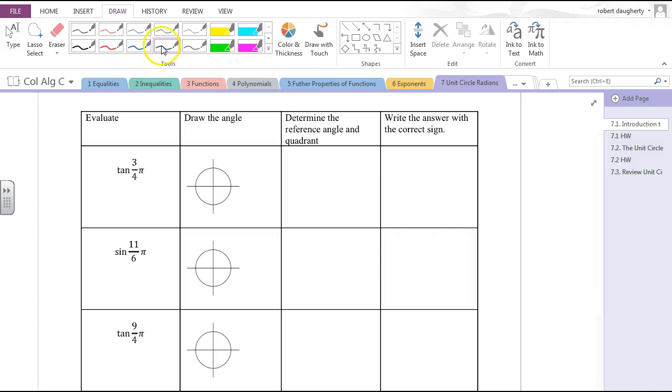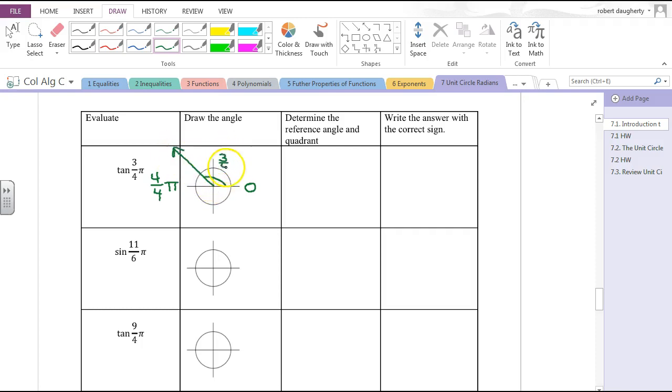So in all of these, this is 0. What is this one right here? This is pi. But here, I'm not going to call it 6 over 6. I'm going to call it what? 4 over 4 pi. Okay. Now, 3 over 4 pi, where do you think 3 over 4 pi would be? It's going to be in quadrant 2, because if this is 4 over 4, then 3 over 4 has to be up here.